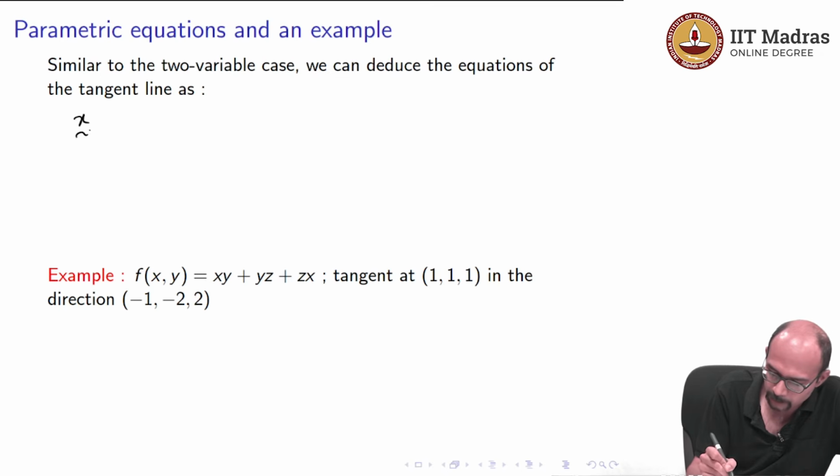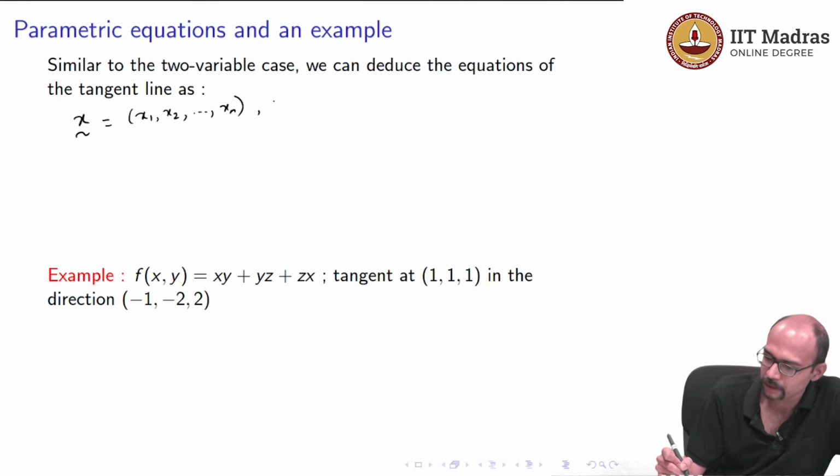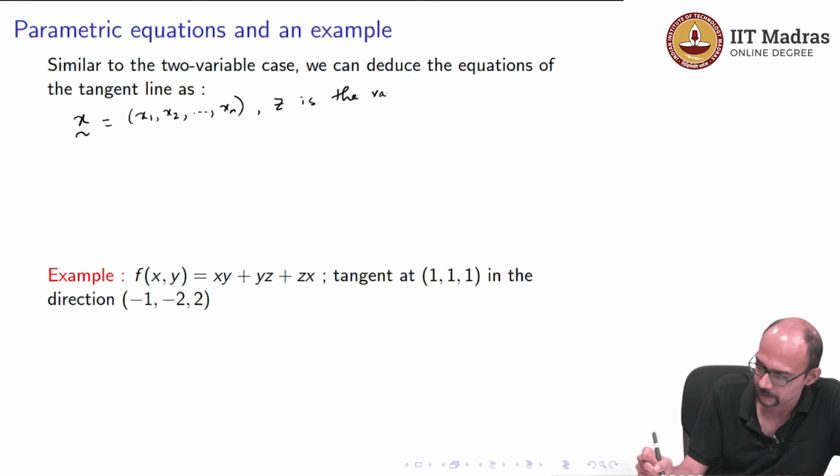So, the first n variables are x 1, x 2, up to x n, right, and the n plus 1th variable, which we are using to measure the function, let us call that z. So, z is the variable in which we are measuring the function.